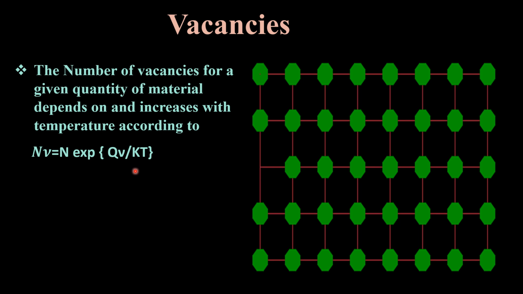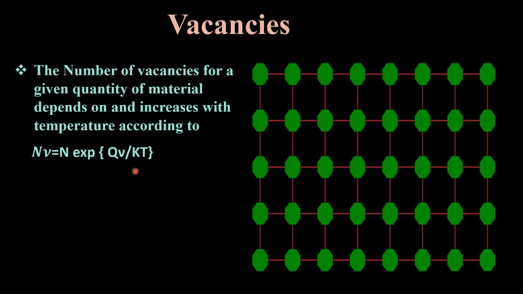As we know, all atoms have vibrational kinetic energy. When we increase the temperature, these atoms vibrate with greater kinetic energies, and some atoms get enough energy to break the bonding with the other atoms and become free.